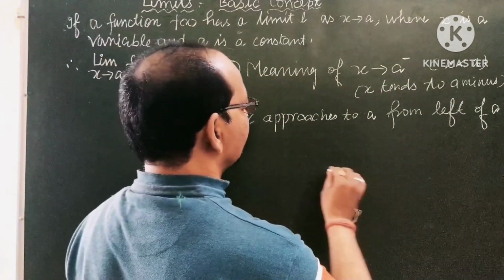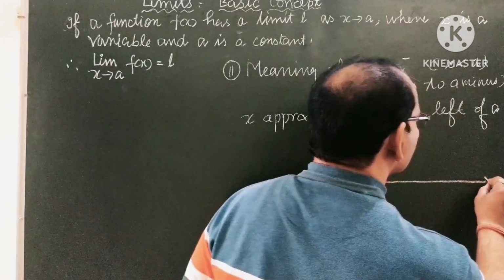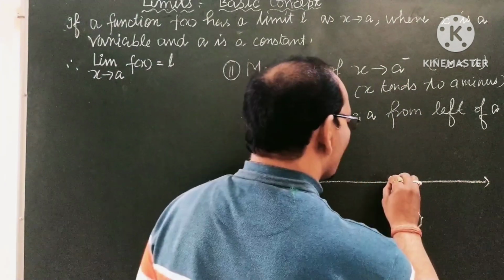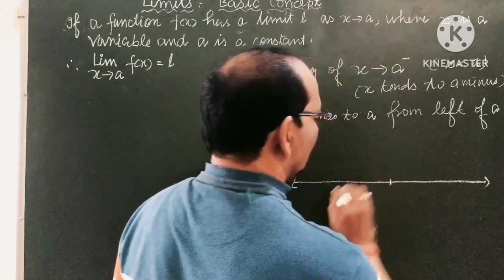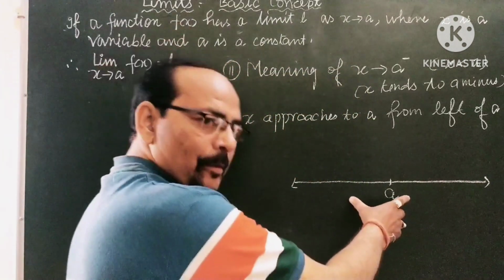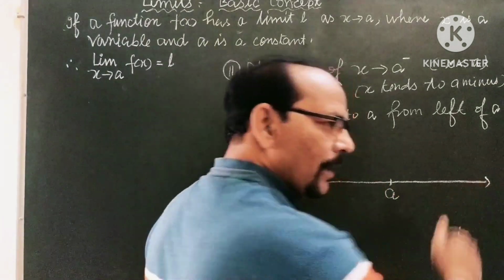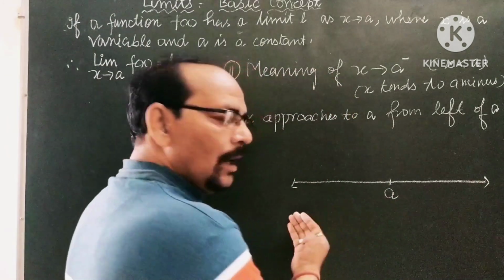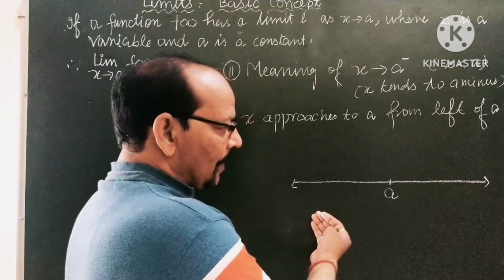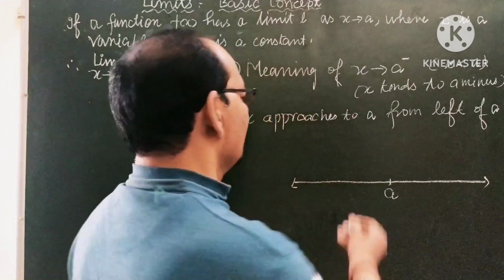Graphically we show it here. This is a. We know this is a number line, and from a this side will be positive numbers and this side negative numbers, means less than a, and here is x greater than a.